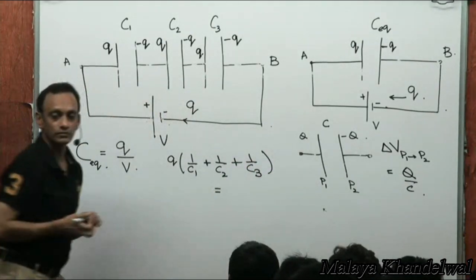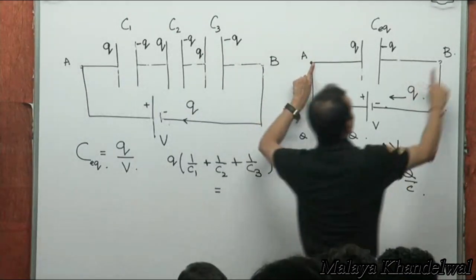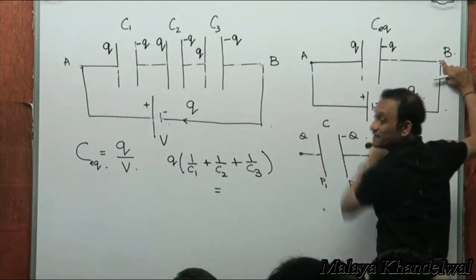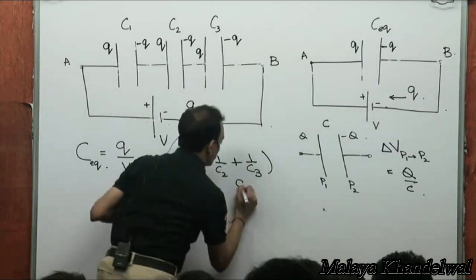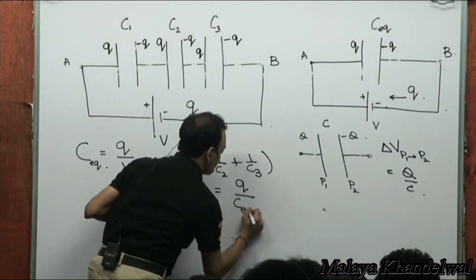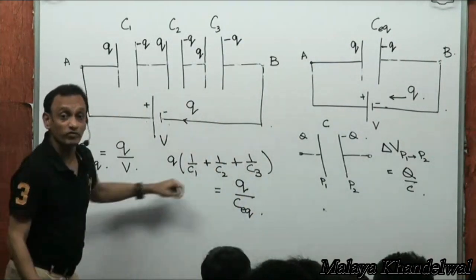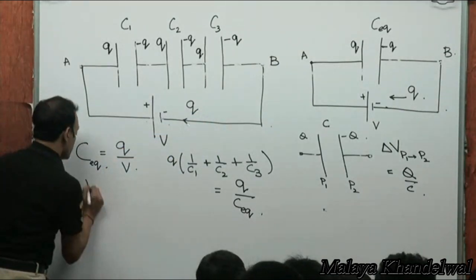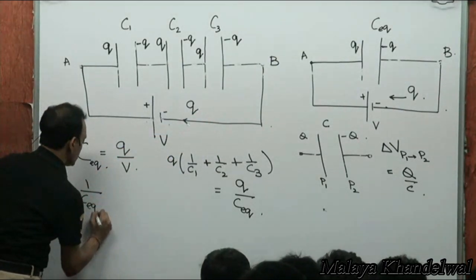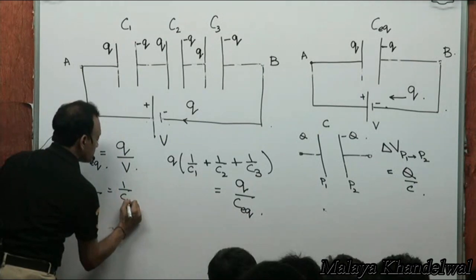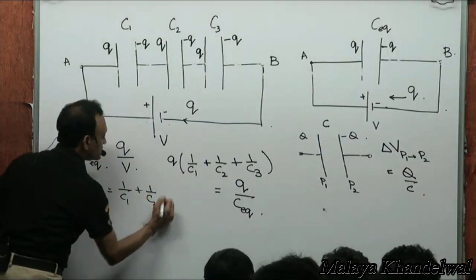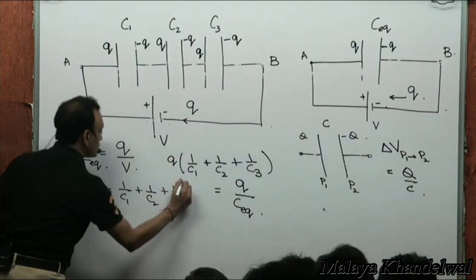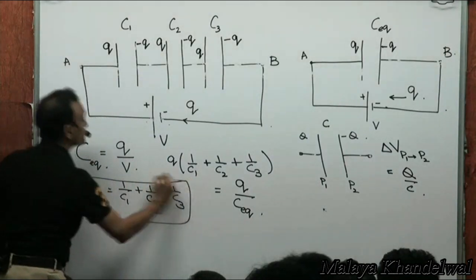This then must be the same as the drop from here to here, which is Q by C equivalent. That means the equivalent capacitance of this arrangement is given by 1 by C equivalent as 1 by C1 plus 1 by C2 plus 1 by C3. That's the equivalent capacitance of this arrangement.